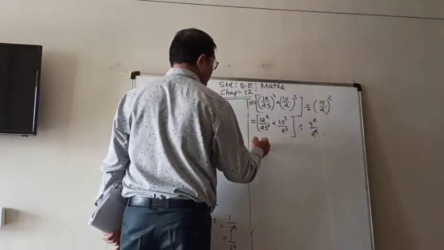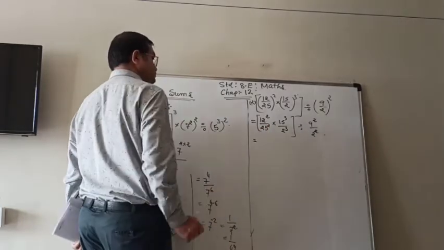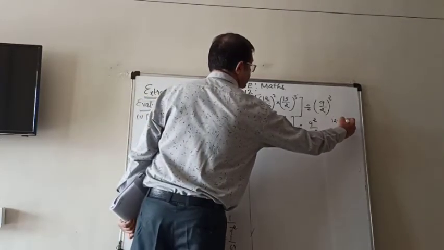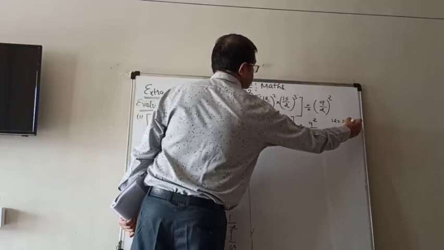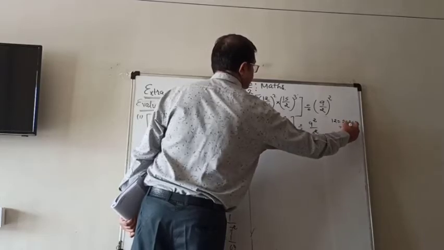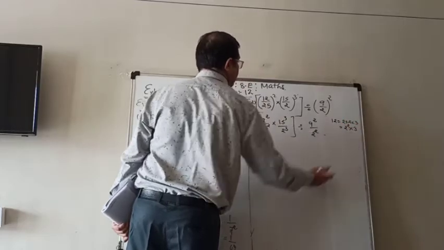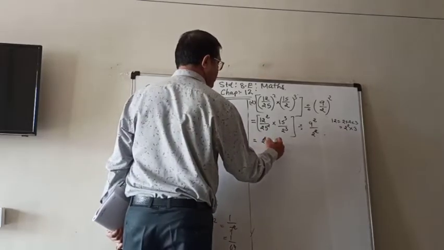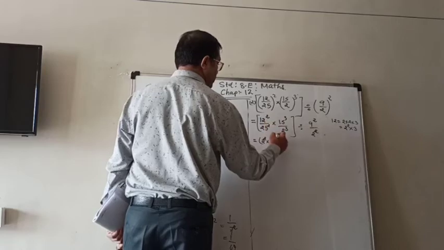Now in place of 12, what can we write? 12 means 2 into 2 into 3, means 2 squared multiplied by 3. So in place of 12 I will write 2 squared multiplied by 3 and whole power 2.